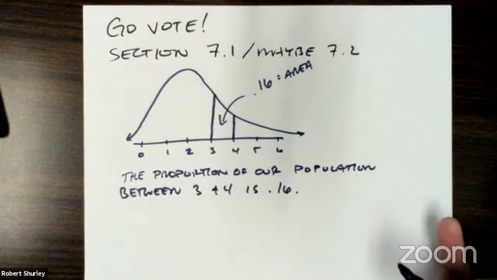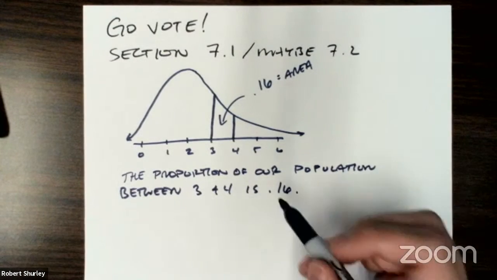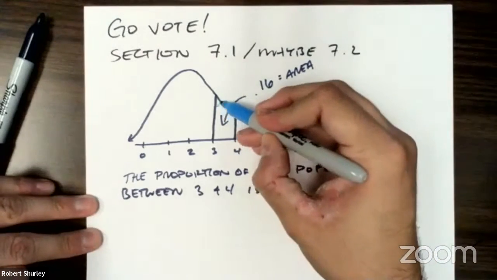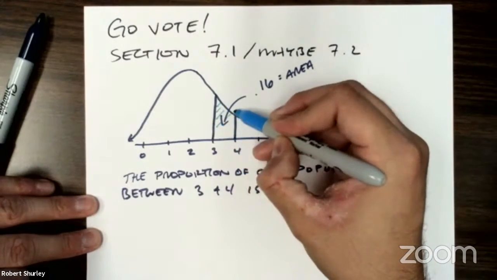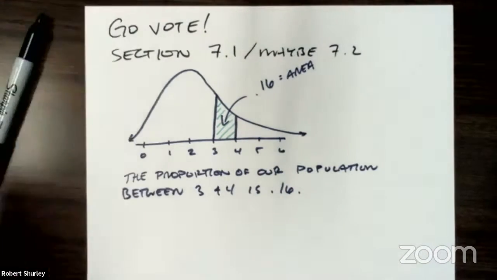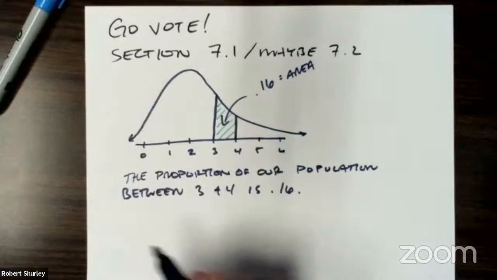So 16% of our population is between 3 and 4.